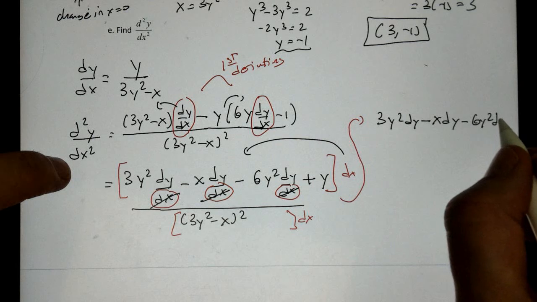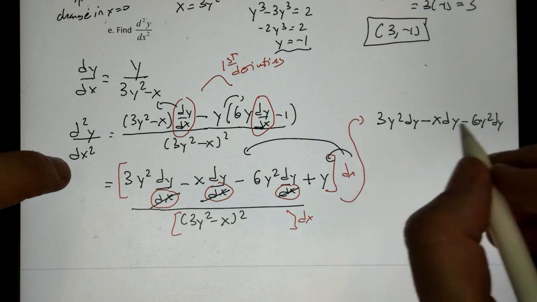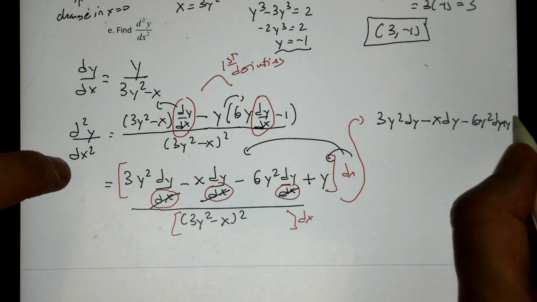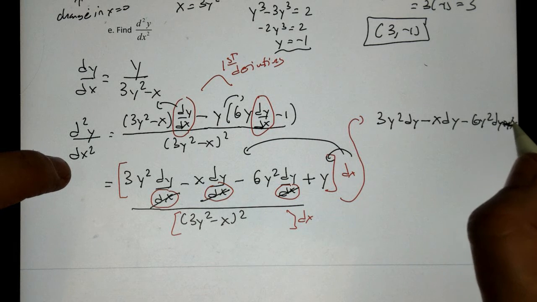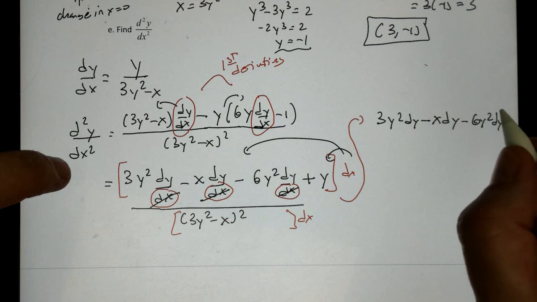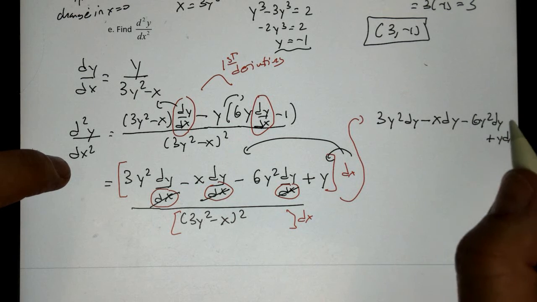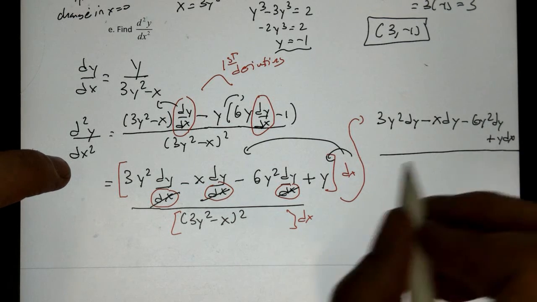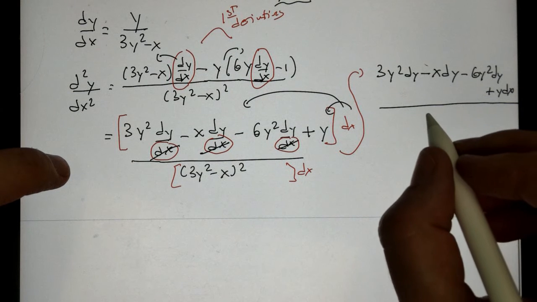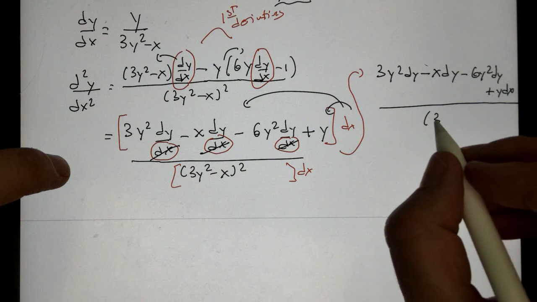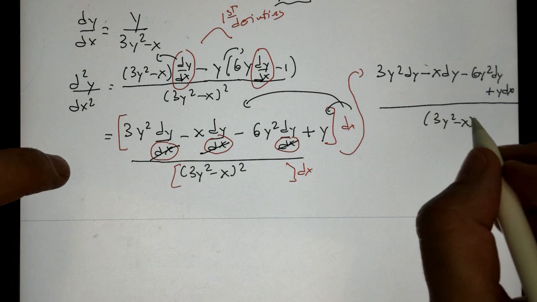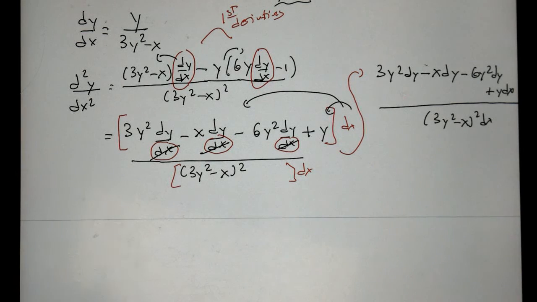And the last one, plus y dx. Let me write that down over here. That's kind of messy. Plus y dx, all over the bottom. Again, it looks nasty, and it does. This becomes just 3y squared minus x squared dx.